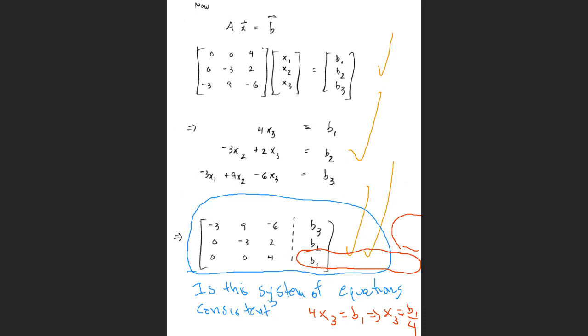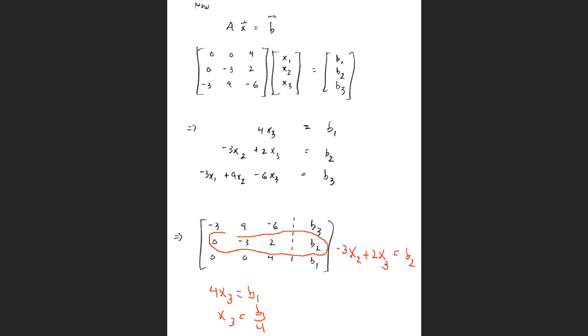Now, 4x3 equals B1, so x3 is B1 over 4. If we look at the second row here, we read that as negative 3x2 plus 2x3 equals B2, where B2 could be any number.